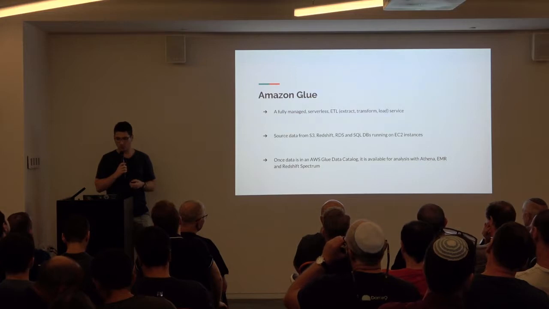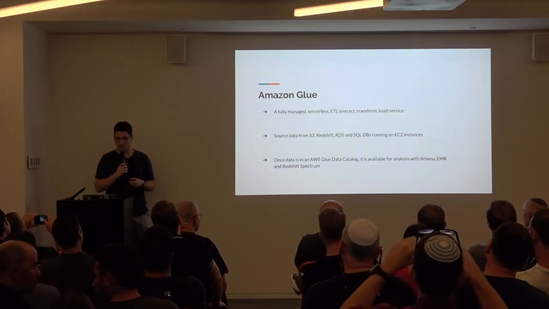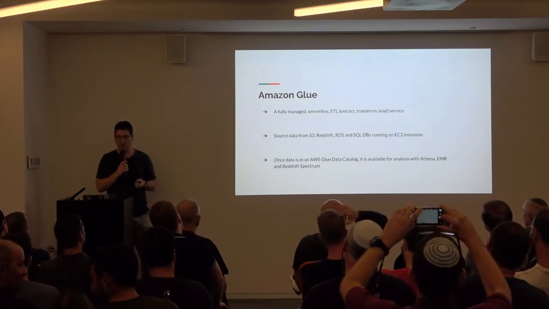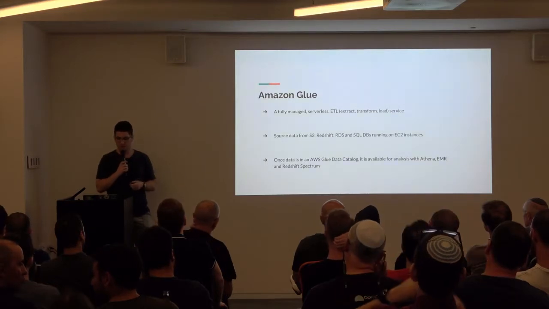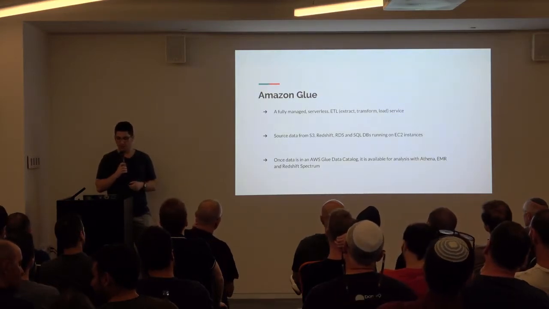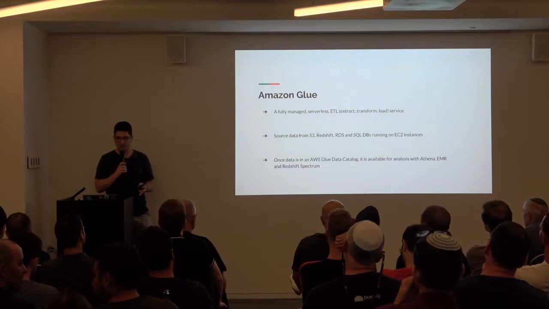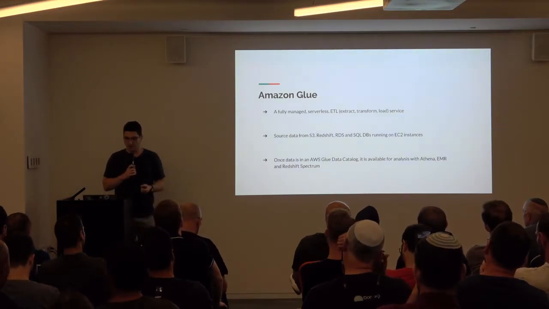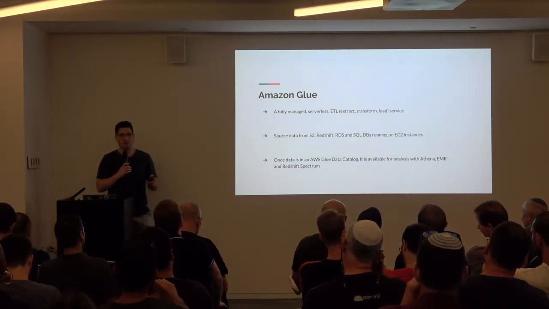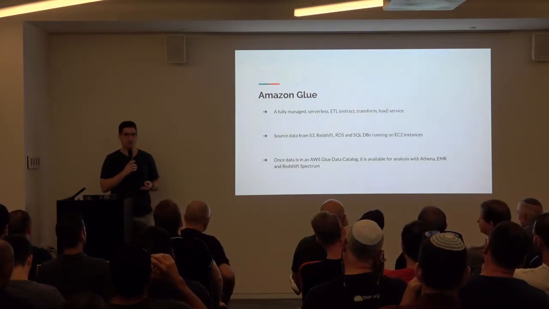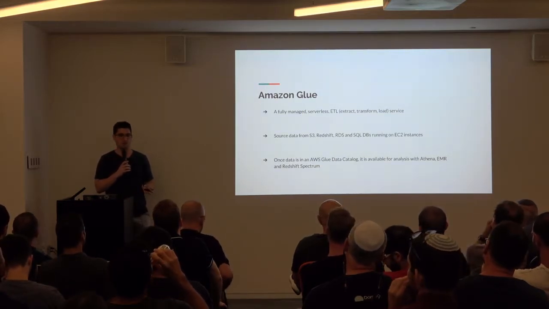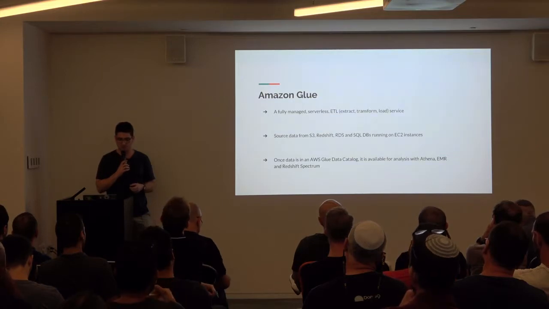So I'll just quickly walk through some of the components, and then we'll go through a brief walkthrough, and it shouldn't be too long. Amazon Glue is a fully managed serverless ETL service. You can source your data from S3, Redshift, RDS, or any SQL databases running on EC2 instances.